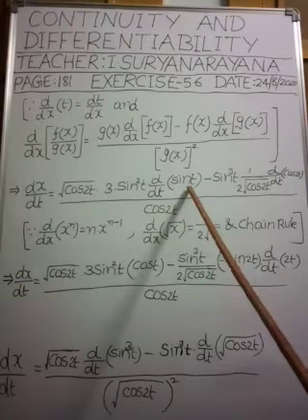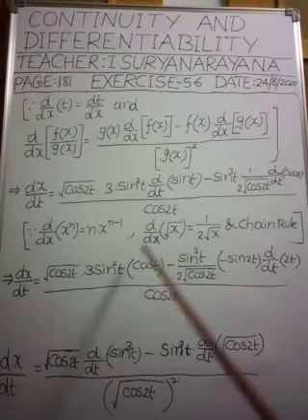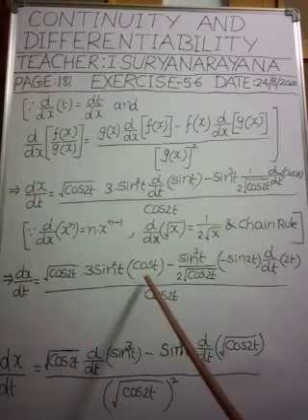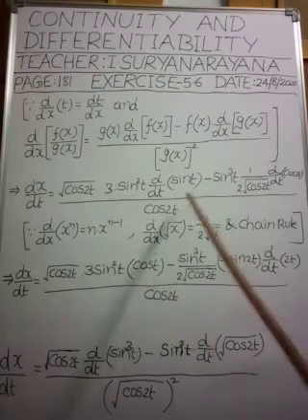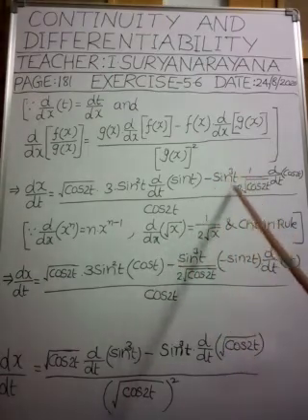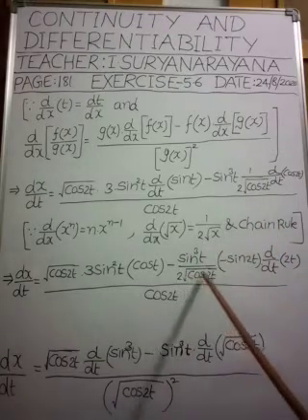Yes, so d by dx of sin x is equal to cos x. So cos t, because variable is the t here. Understood this part? Minus, by simplifying this part, what will you get? Sin cube t by 2 root cos 2t.